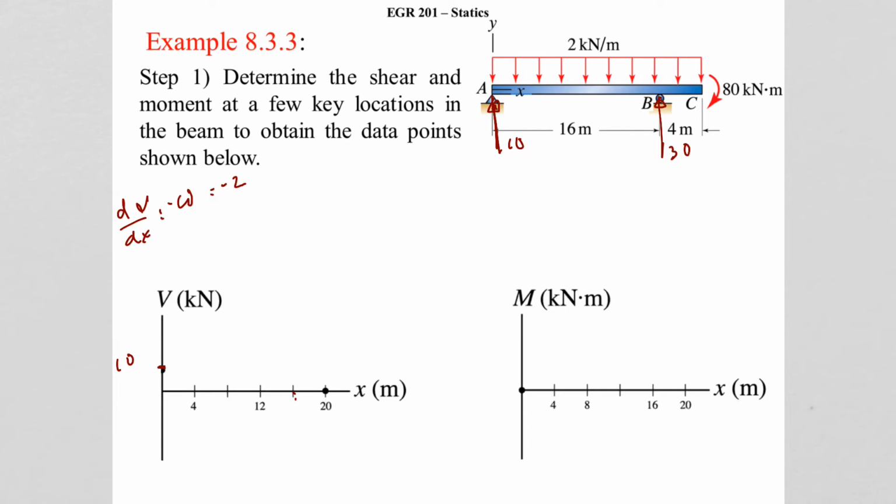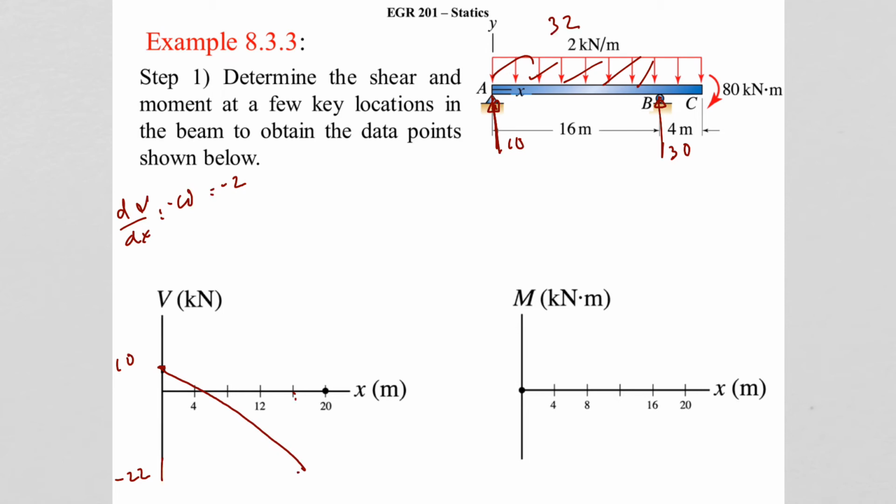We don't know what that value is, but if I take my 10 and subtract the area under this part of the curve, that is 2 times 16, which is 32, which takes us to a negative 22. So it will be a linear slope going down to a negative 22.